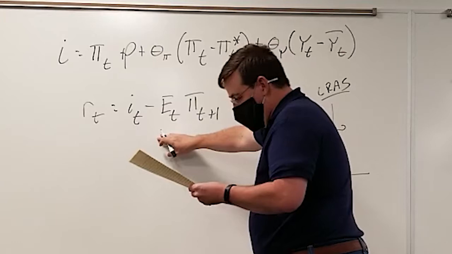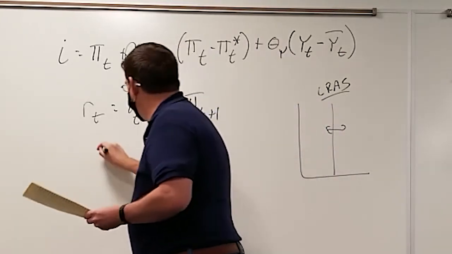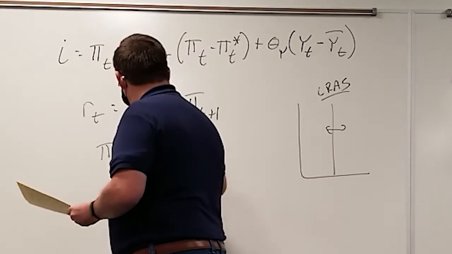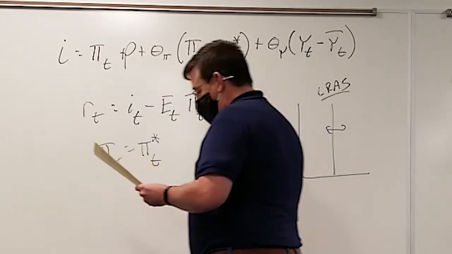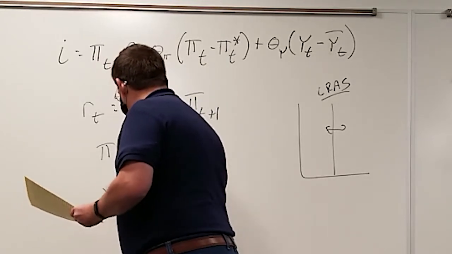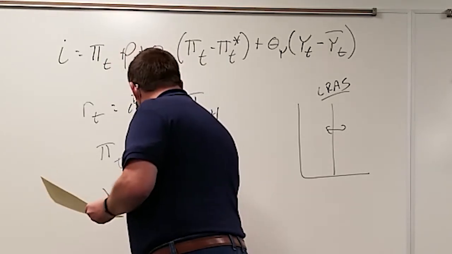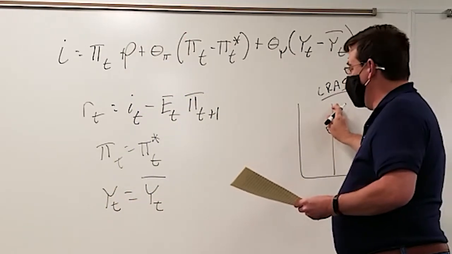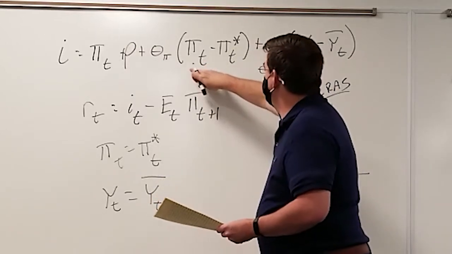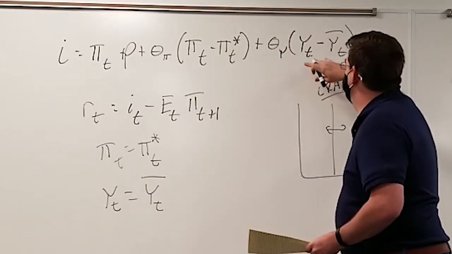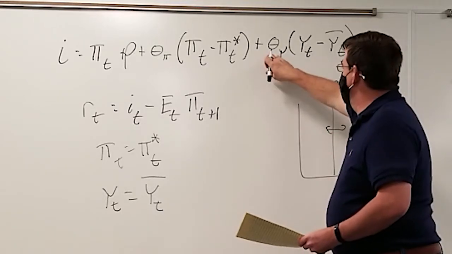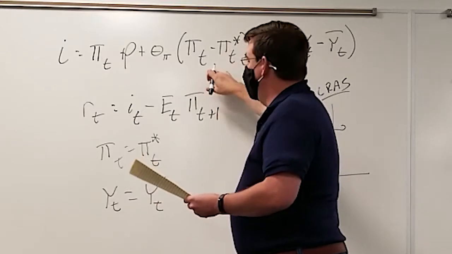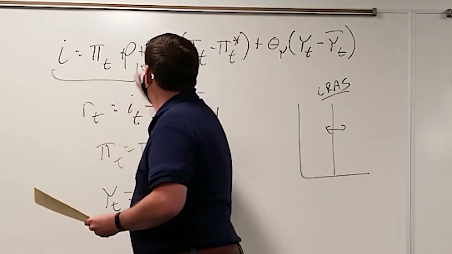Now, given this, we can say, well, if inflation hits its target, and if output succeeds at landing directly on equilibrium, then this term is 0, this term is 0, a number multiplied by 0 is 0, any other number multiplied by 0 is 0. And so what we're left with is simply just this chunk.